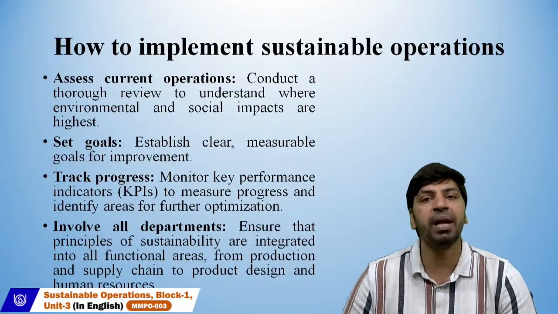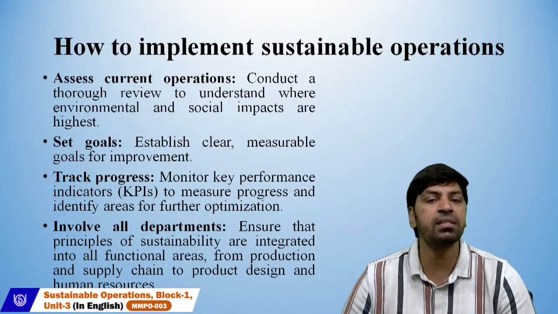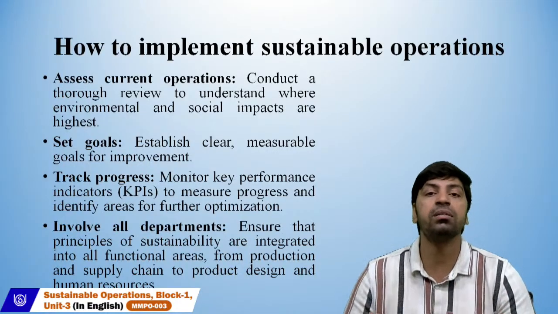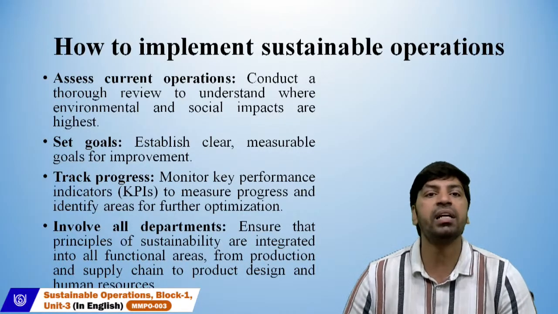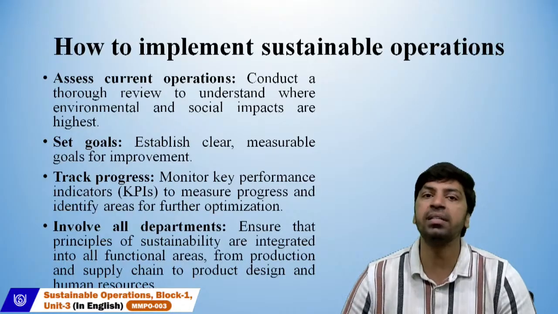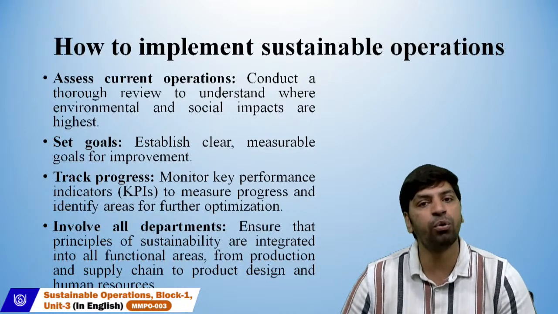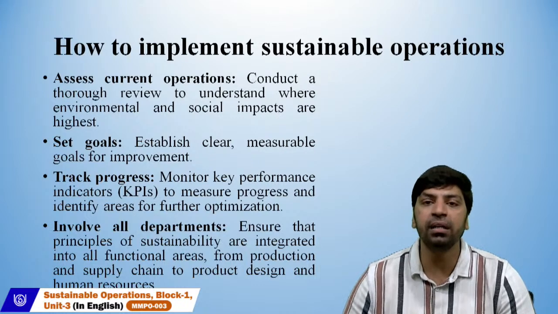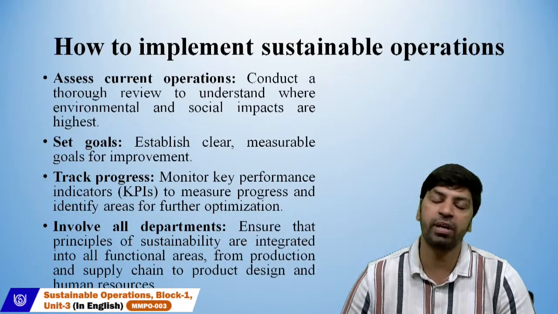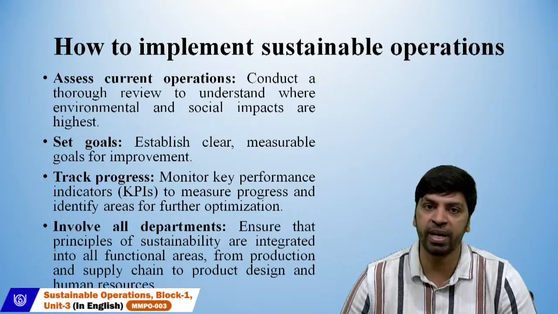How to implement sustainable operations? The first step is to assess the current operation, to focus on the present operation. Conduct a thorough review to understand where environmental and social impacts are highest. Then set goals: establish clear and measurable goals for improvement. Next is track progress.